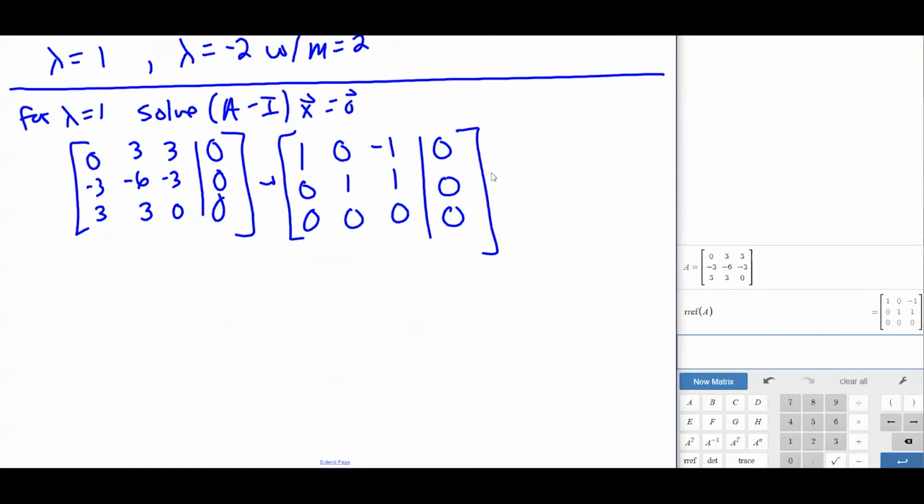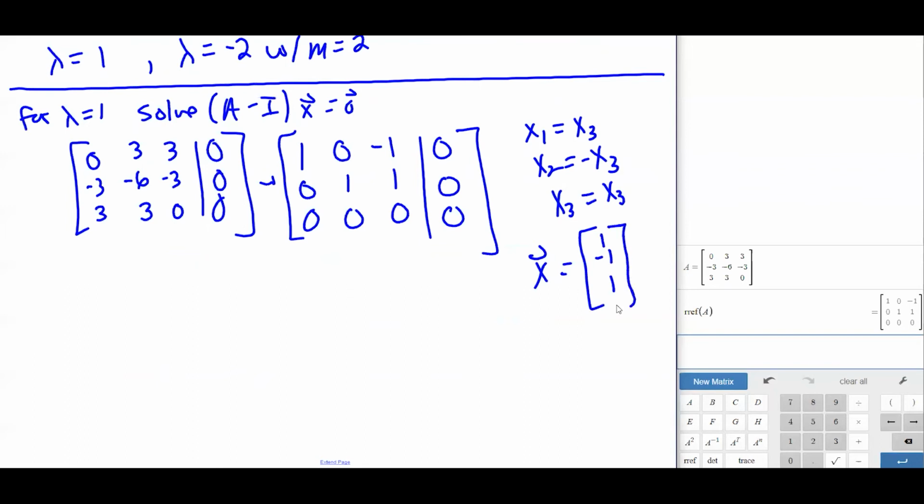And I only need one example of an eigenvector. So x1 is x3, x2 is -x3, x3 is free. So let's just let x3 be 1, and I'll get the eigenvector 1, -1, 1.